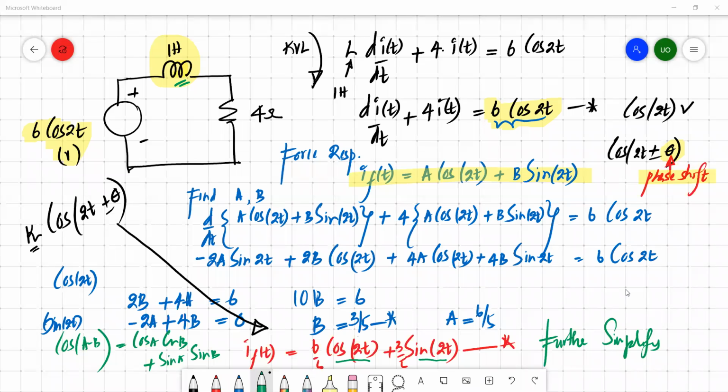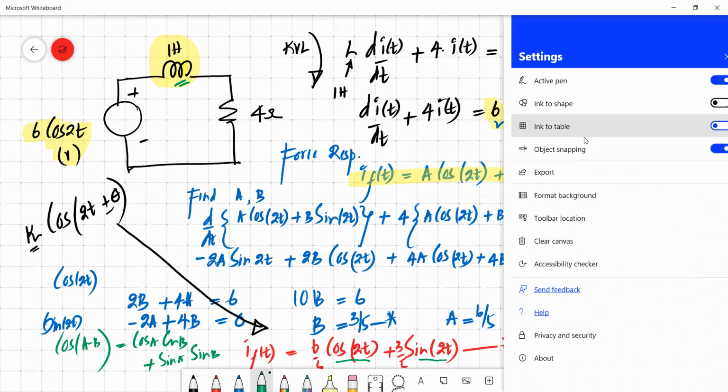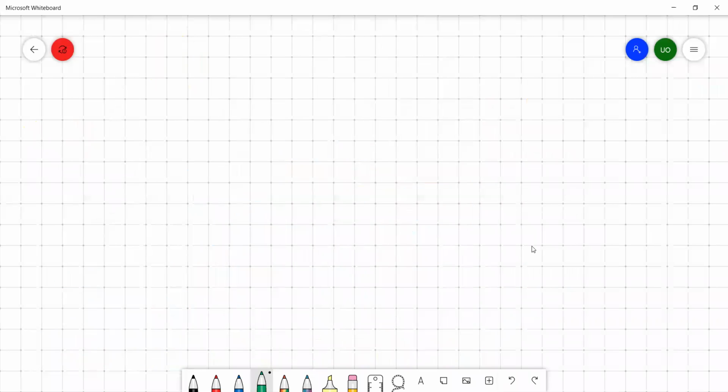Okay, so just for the sake of clarity, I hope you have an idea about Euler's transform.